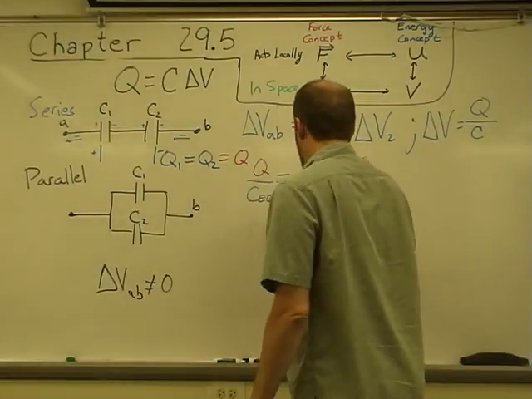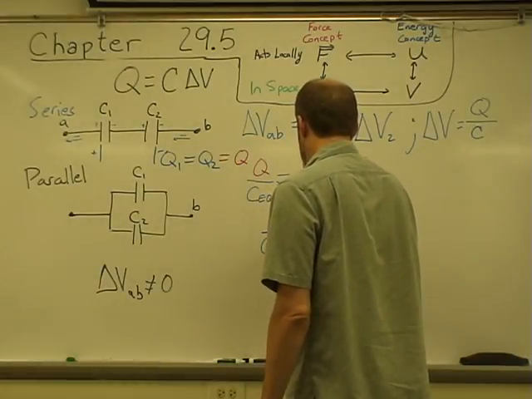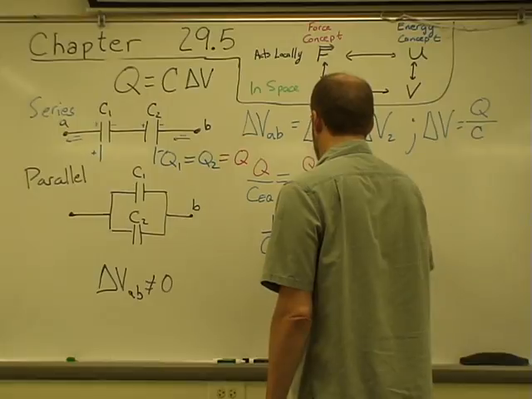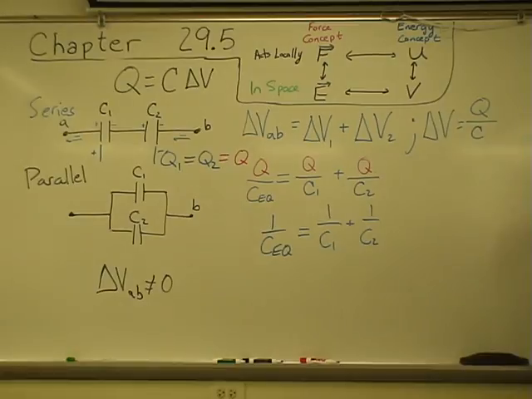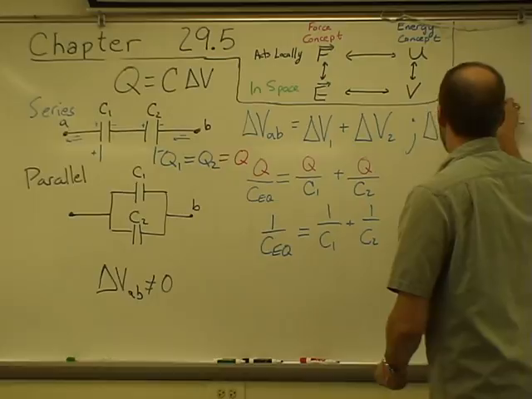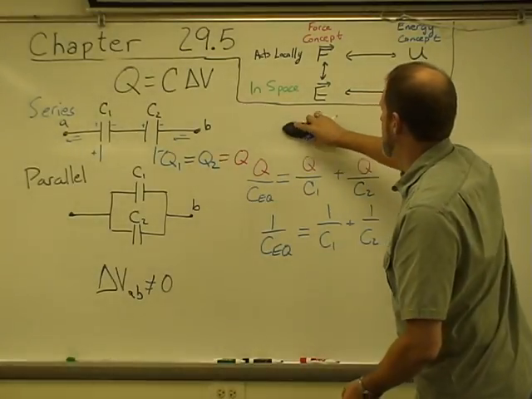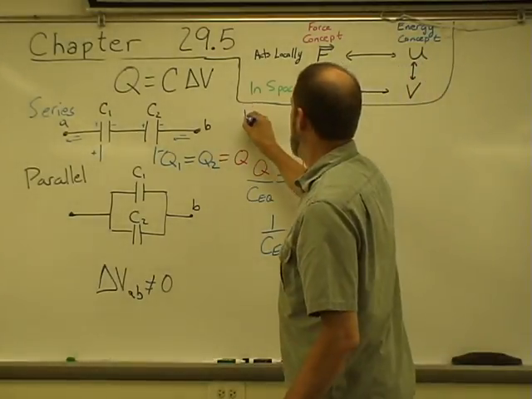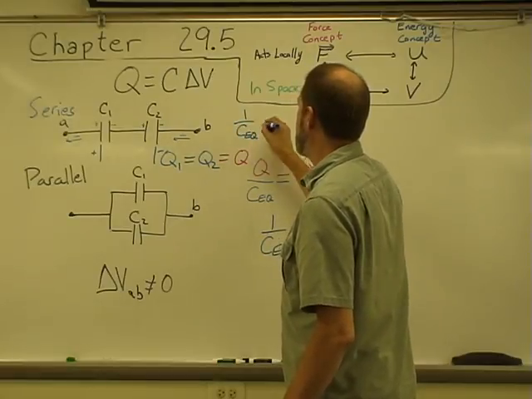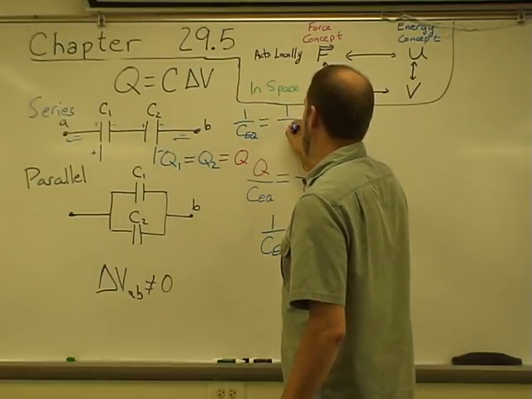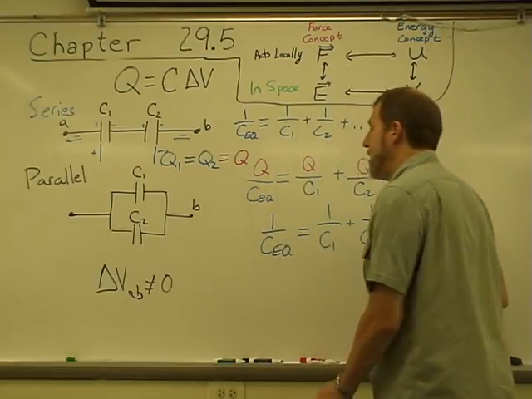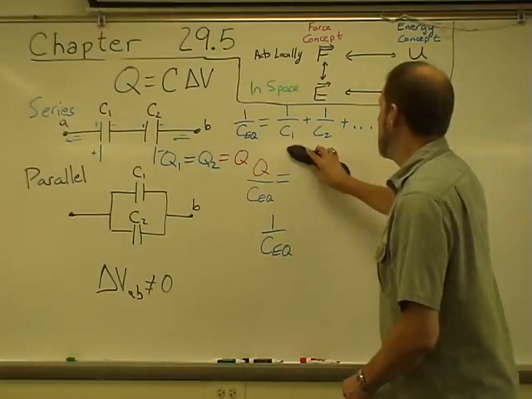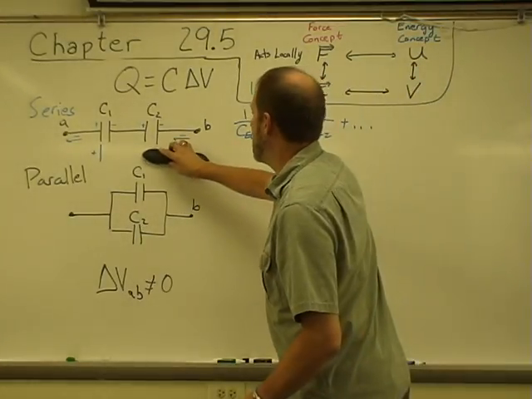So 1 over the equivalent capacitance is equal to 1 over C1 plus 1 over C2, however many capacitors you have in series. So 1 over the equivalent capacitance for any number of capacitors in series is 1 over C1 plus 1 over C2 plus however many other capacitors are in series at the same time.